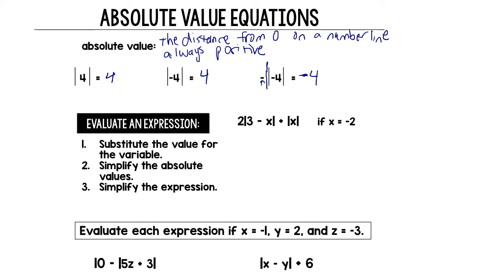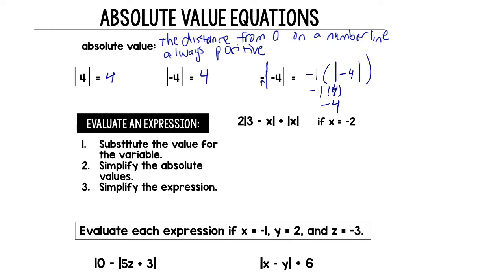So the negative of the absolute value of -4 is like saying -1 times the absolute value of -4. That's -1 times 4, which is -4.